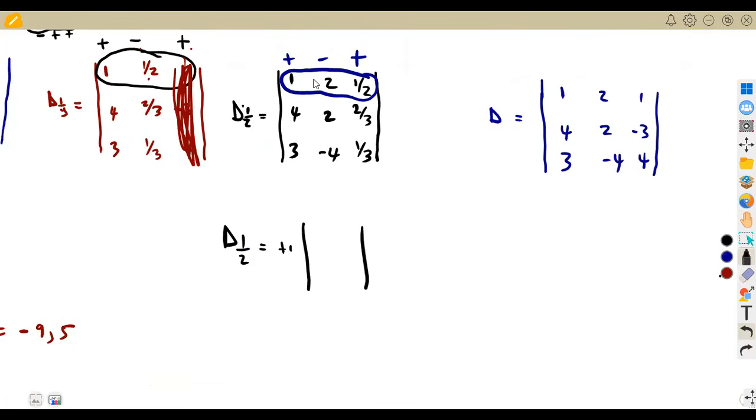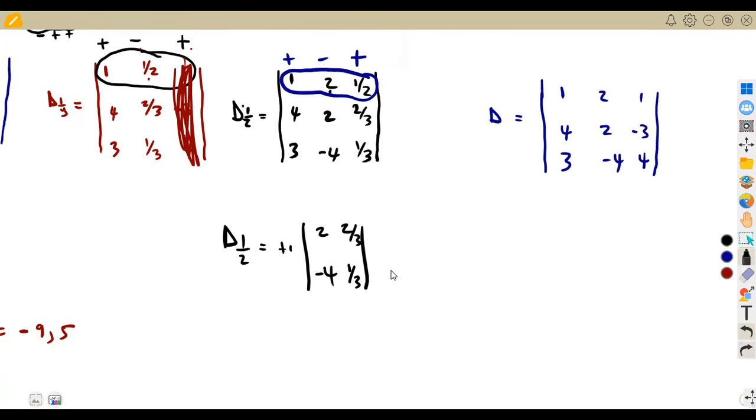If we close already, the row is closed, you're going to close the column. So you remain with 2, 2 over 3, minus 4, 1 over 3. All right, this is 1 over 3 here. Then we move on to 2 affected by what?